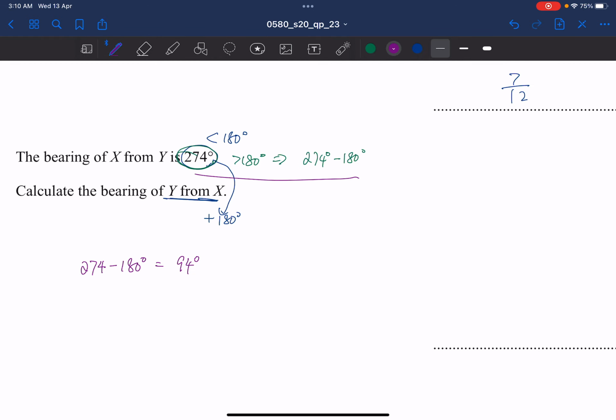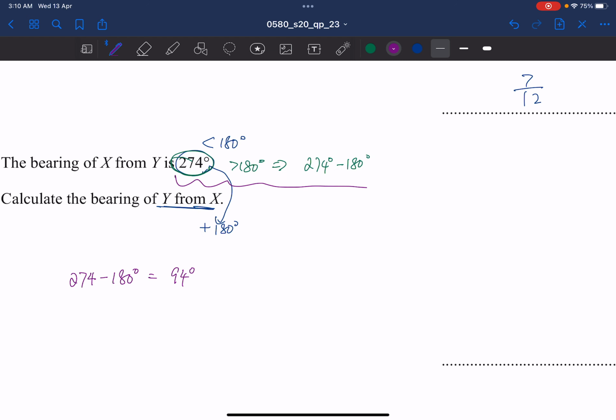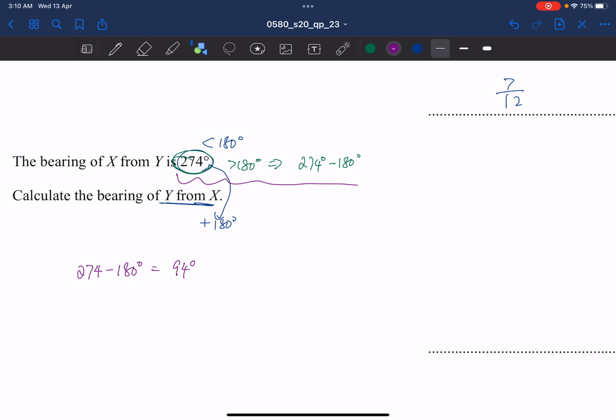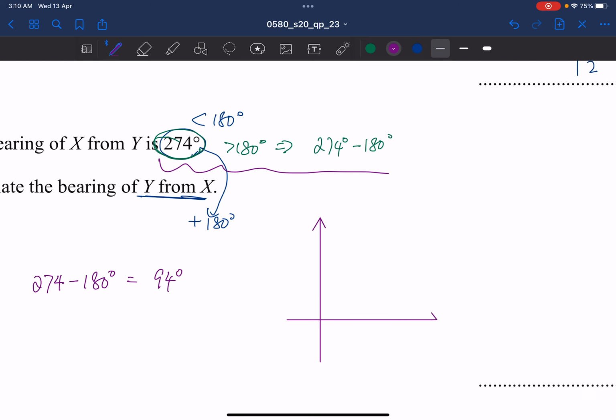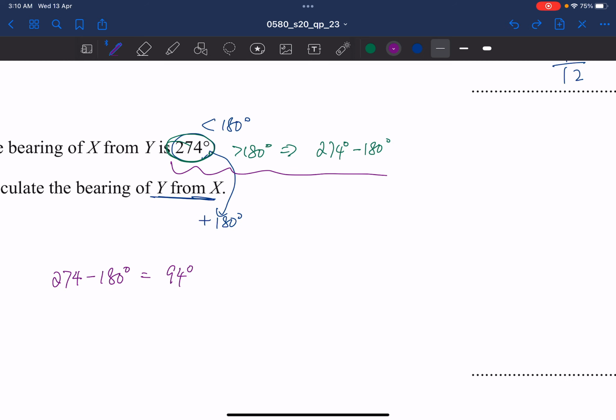And the reason behind this method is because you can easily see that if we have a bearing from y to x of 274, it's here. So we have a bearing here, and this is x, pointing to north, and this is 274.